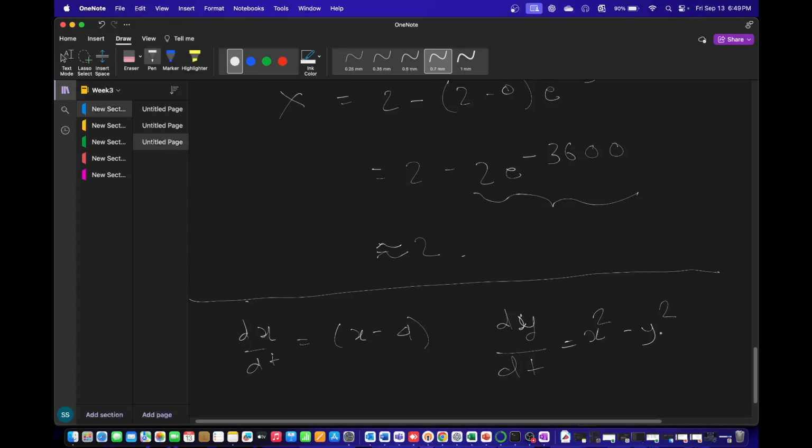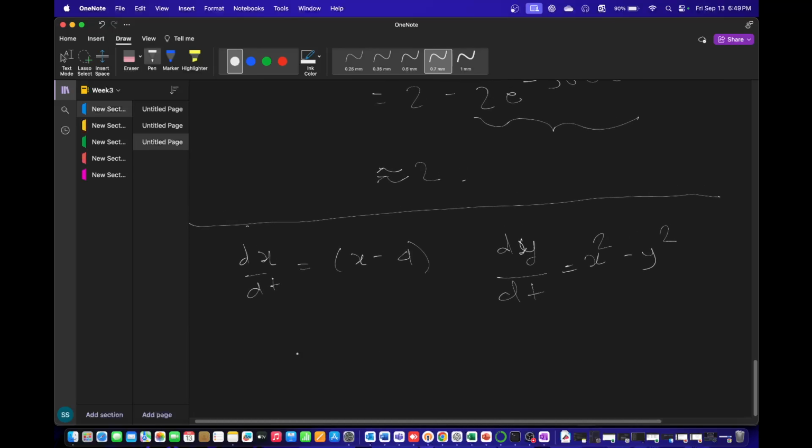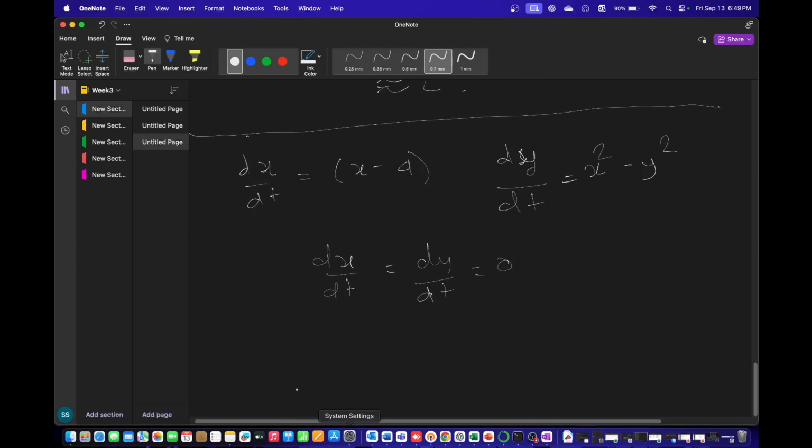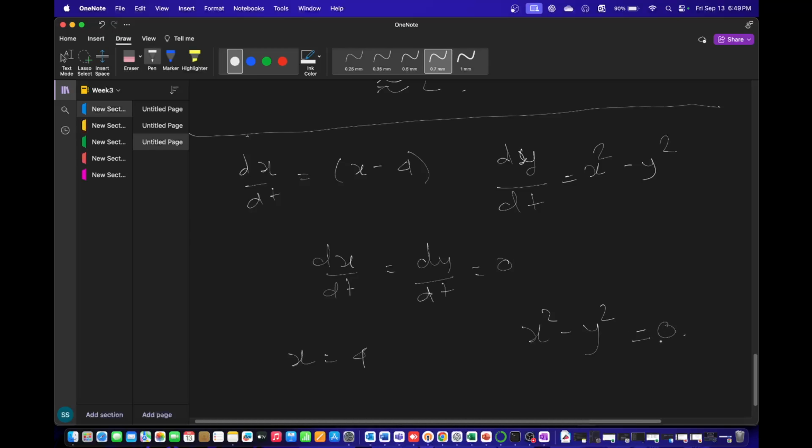Now, at steady state dx dt equal to dy dt equal to 0, right? So you put dx dt equal to 0, x equal to 4, dy dt equal to 0, x square minus y square equal to 0.